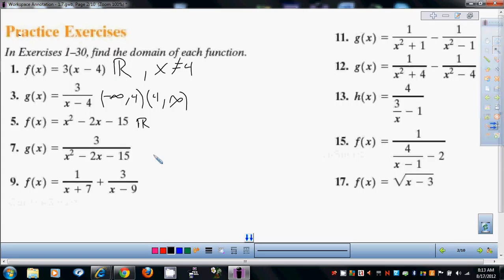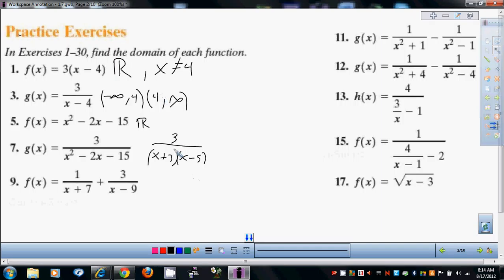Number 7. Uh-oh. Looks like we have to do some factoring. Anybody here remember how to factor? Who thinks they can factor this thing? Of course, you could use the quadratic formula as well, if that's what you prefer. Did you have it? Very nice. x plus 3, x minus 5.